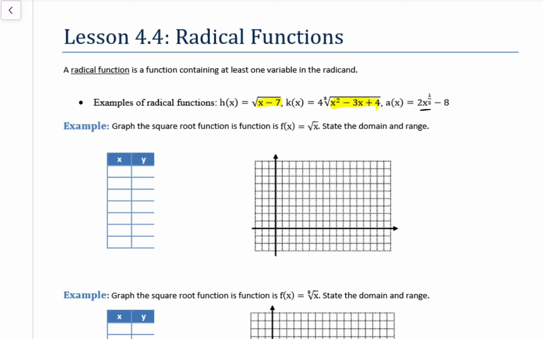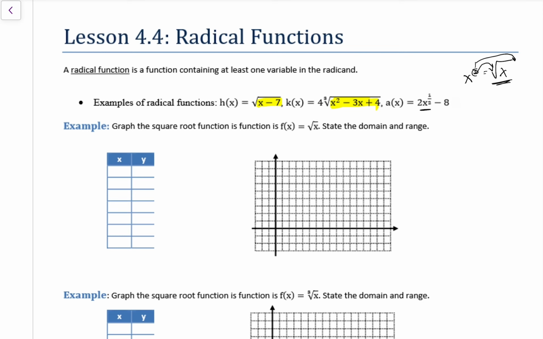Remember, x to the 1/2 is the same as the square root of x. The 2 is the index here, and the 1 is the exponent. So when we have rational or fractional exponents, it actually refers to a radical function.